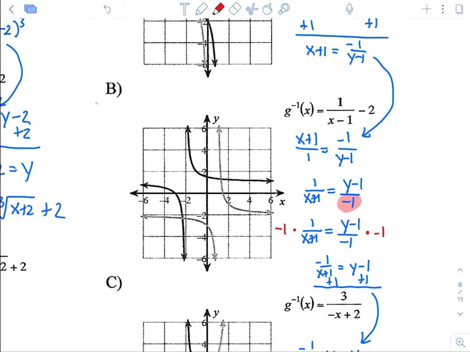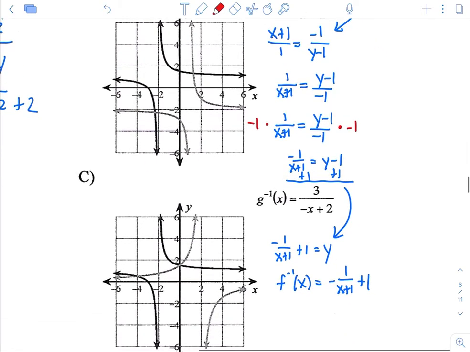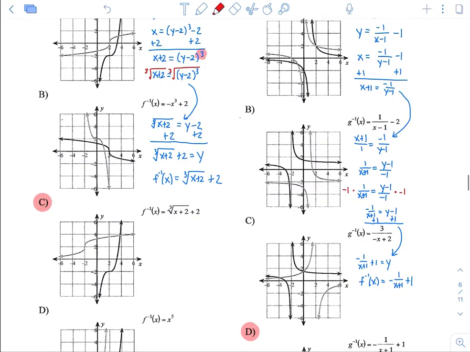I don't like this denominator of negative 1, so I'm going to multiply both sides by negative 1, so these are going to cancel. So I get y minus 1, and on the other side it's negative 1 over x plus 1. Add 1 to both sides, and we get this, which is finally y isolated, so that's the inverse. Negative 1 over x plus 1 plus 1, which is d.